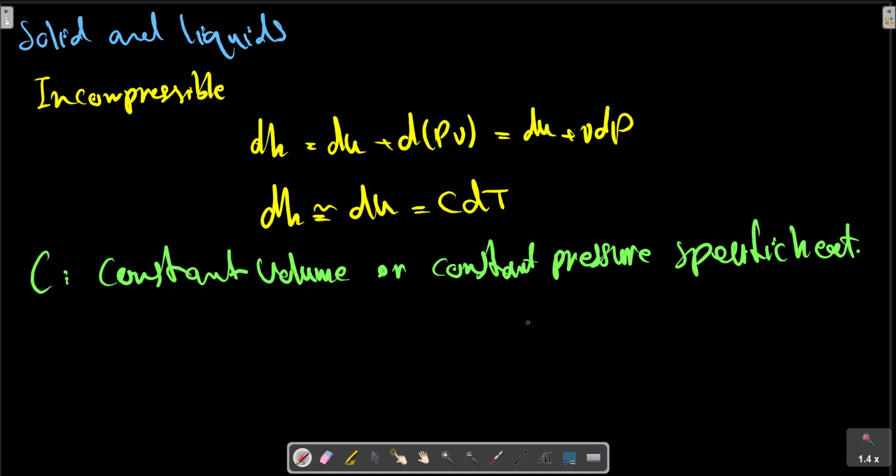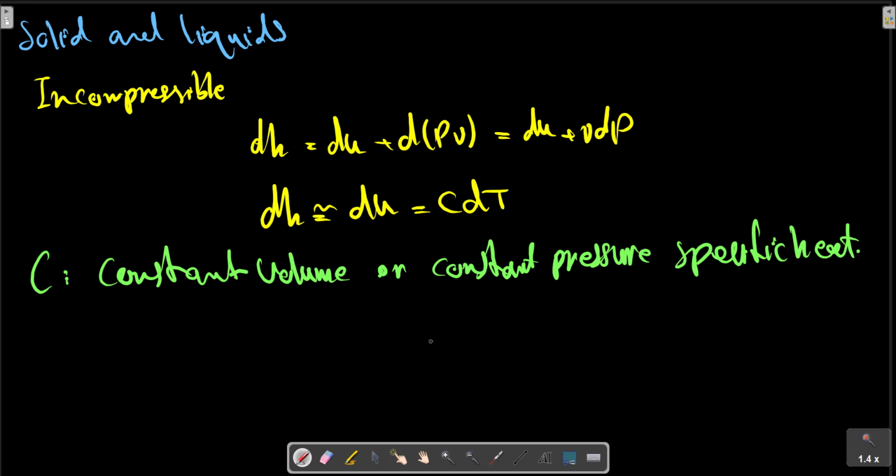In many processes involving a solid or liquid, we may further assume that the specific heat in this relation is constant, unless the process occurs at low temperature or over a wide range of temperature.